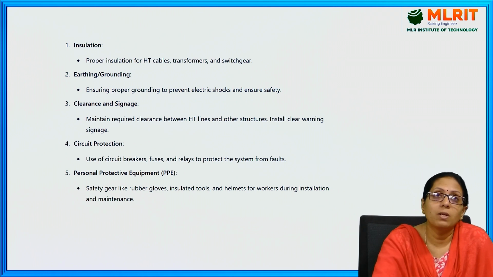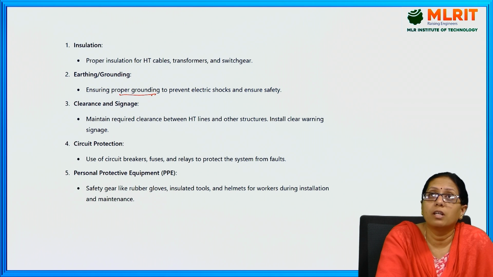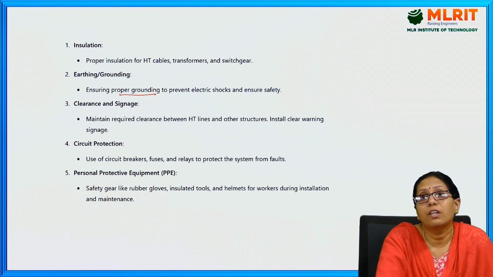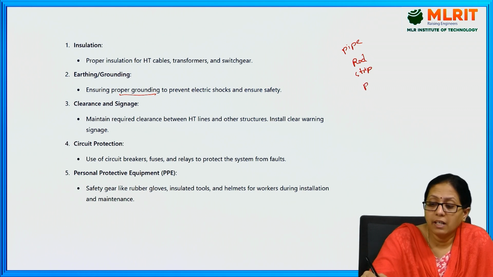The second one is earthing as well as grounding. So we should ensure proper grounding to prevent electrical shock as well as to ensure safety. In the previous lectures, we have seen different types of grounding based on the application, that is pipe earthing, rod earthing, strip earthing, plate earthing.